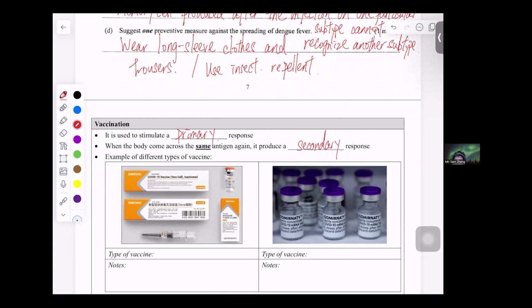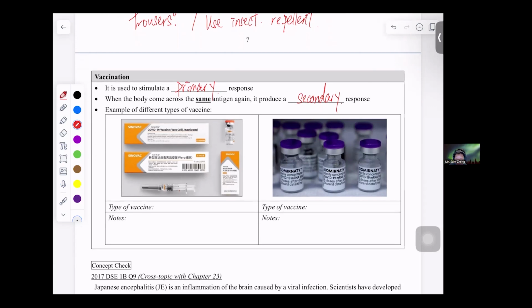So once we have injected the vaccination, it can help us to have the secondary response. So we will have less, or not that strong, side effects. And in this case, it can increase our survival rate.